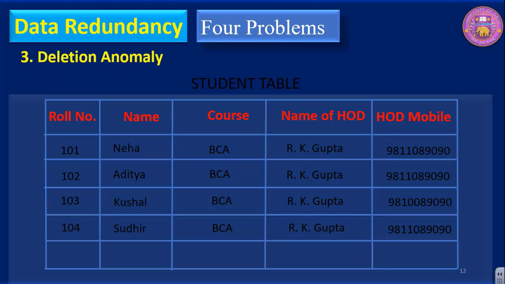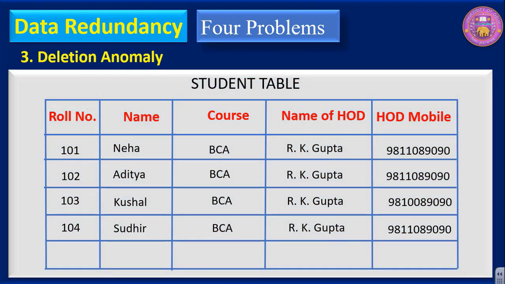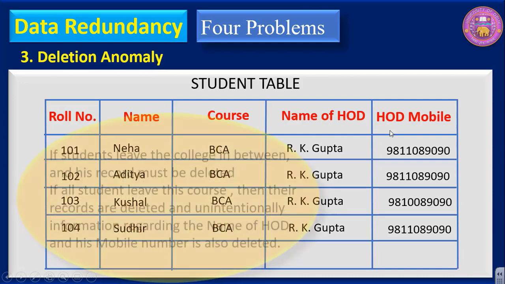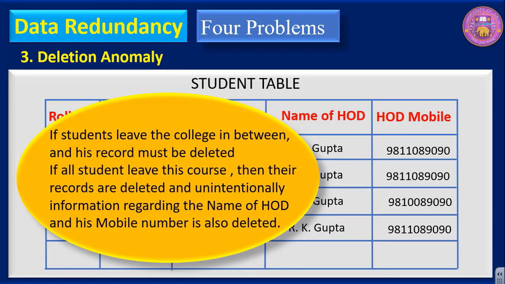Deletion anomaly. We will continue with the same table. We have field roll number, name, course, name of HOD and HOD mobile. Now look at this case: if students leave the college in between, their records must be deleted.